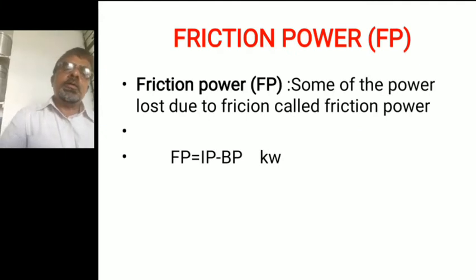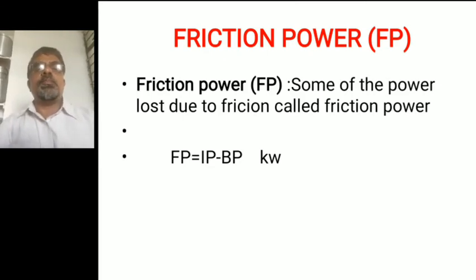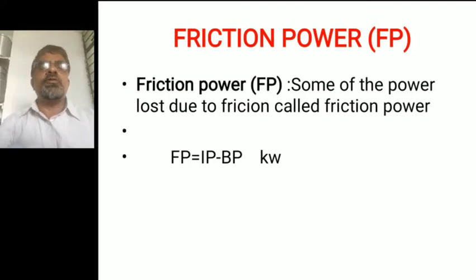The third one is friction power. We know that indicated power is the total power developed inside the engine cylinder, whereas the brake power is the power available at the crankshaft. Then what is friction power? During running of the engine, some of the power is lost due to friction, because of the movement of the engine parts, and some power is utilized to run the accessories of the engine.